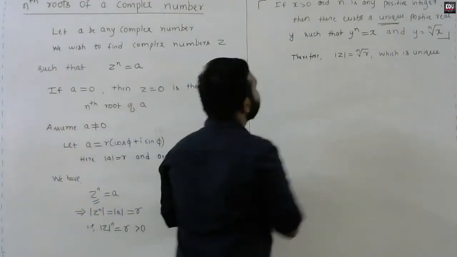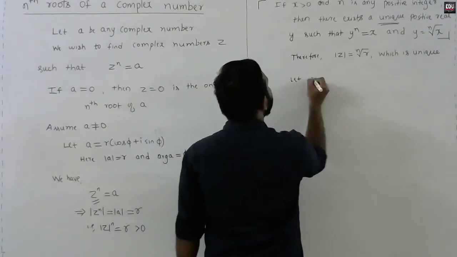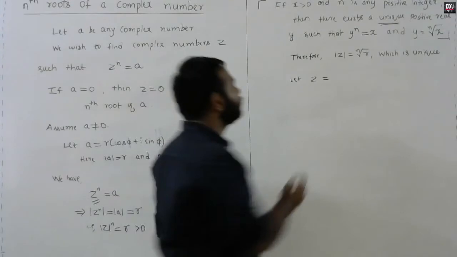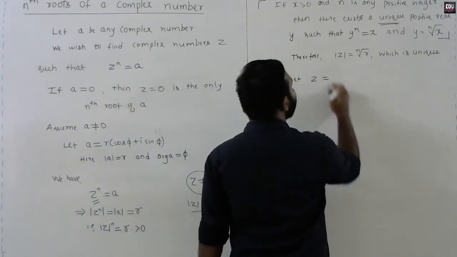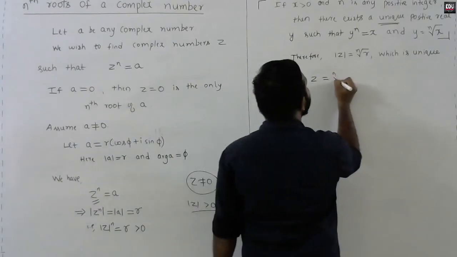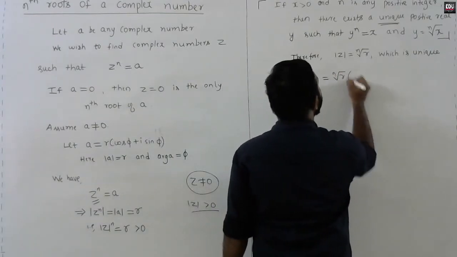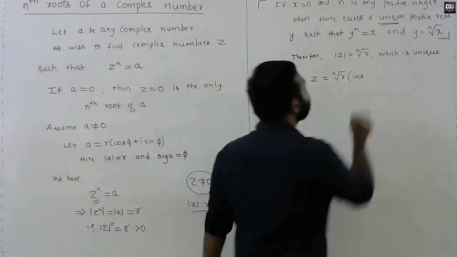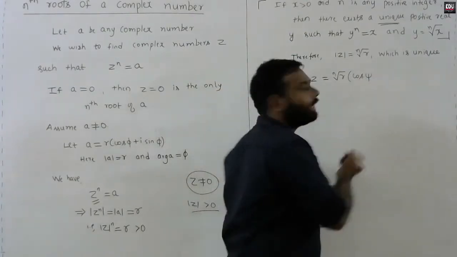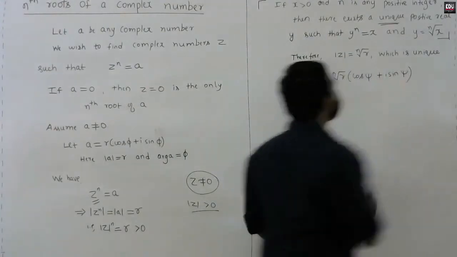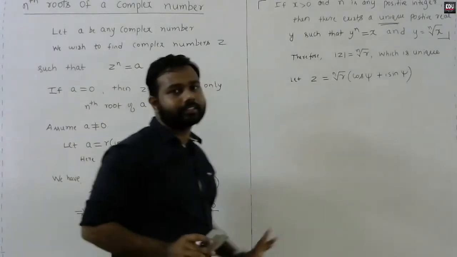So we shall take Z in polar form: the modulus value, which is the nth root of R, into cos of their argument, which I don't know, so we shall take it as some psi, plus I sin psi. Now we just have to find the value of psi.